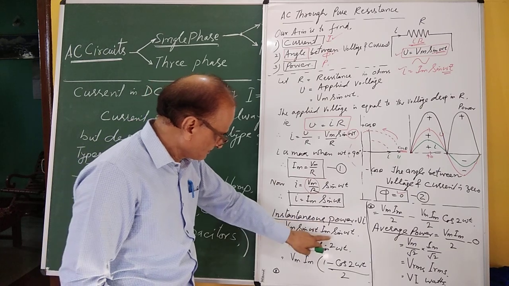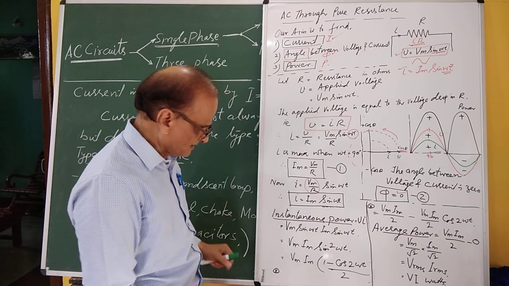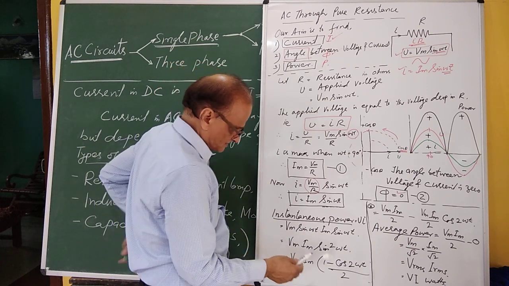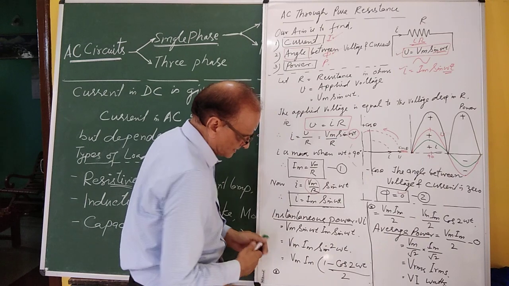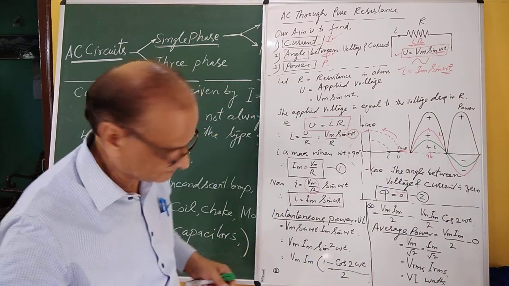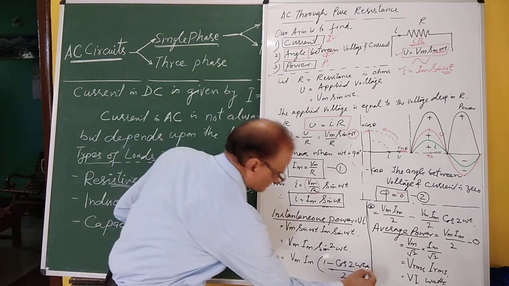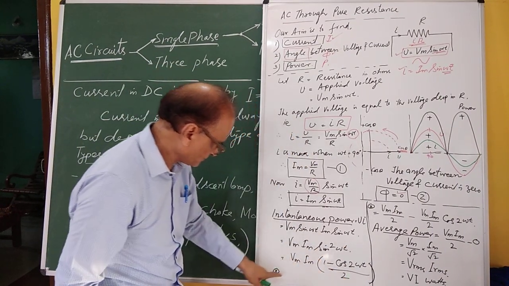So solve it: Vm Im sin square theta. And you know from trigonometry that sin square theta is equal to 1 minus cos 2 theta by 2.